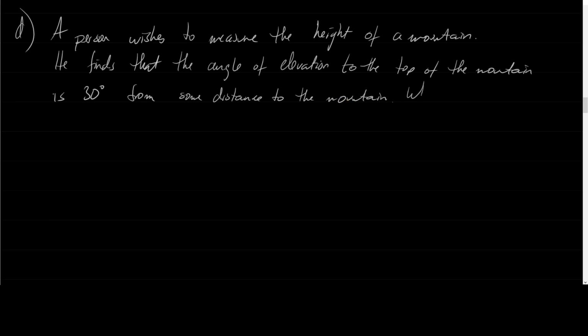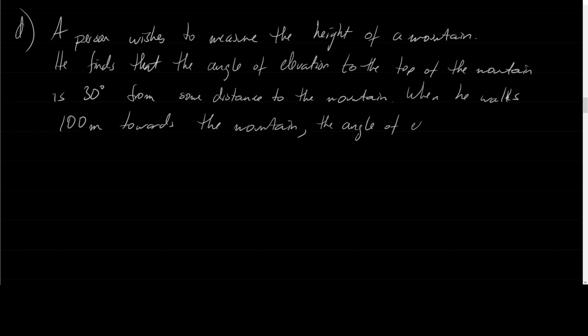When he walks 100 meters towards the mountain, the angle of elevation is 35 degrees. All right. Find the height of the mountain.